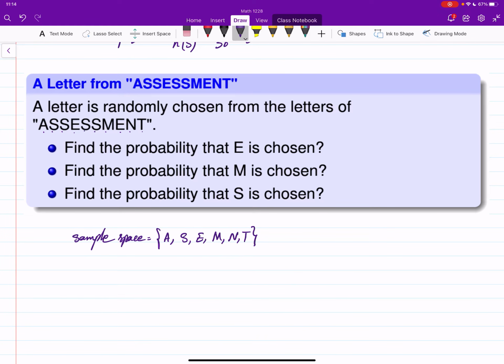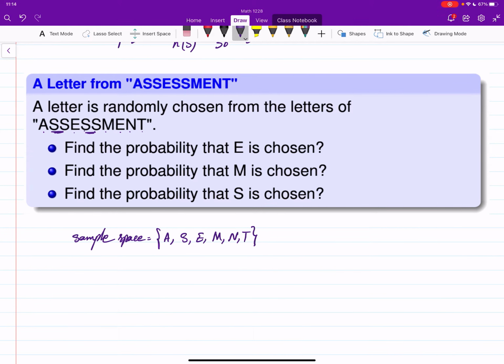But when you look at this sample space, the sample point S is more likely to occur than the other ones, because there are 4 S's there.